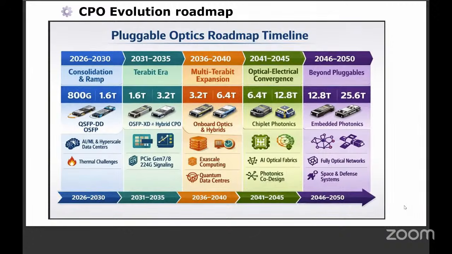They are projecting something, still it is AI and ML hyperscale only. Then thermal challenges, PCIe Gen 8, 224 Gbps signaling, that is going to be a challenge by 2030. Quantum data centers, already some companies are working on it, even in Bangalore. Exascale computing, optical fabrics, photonics co-design. There is no end to this. This keeps everybody engaged.